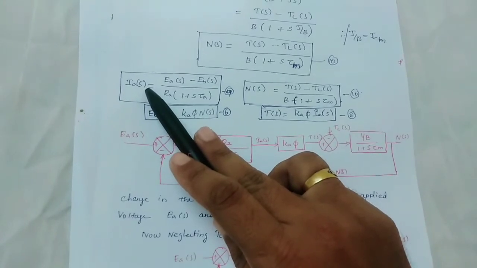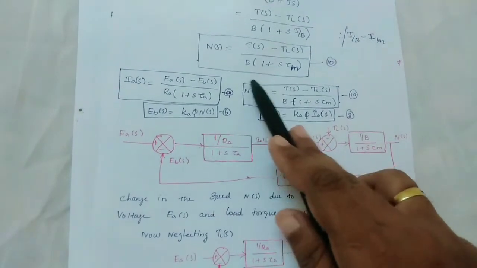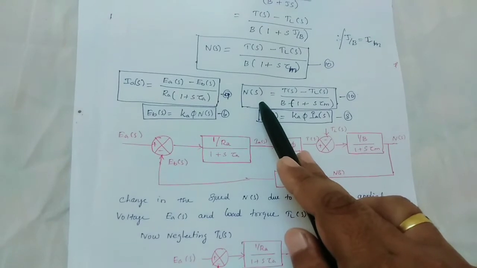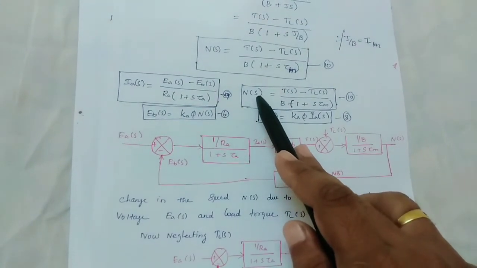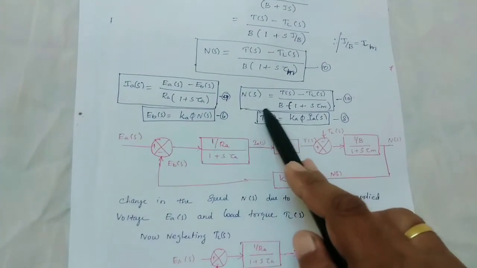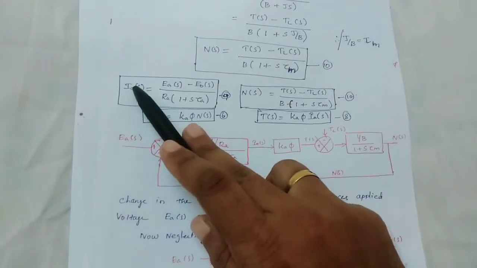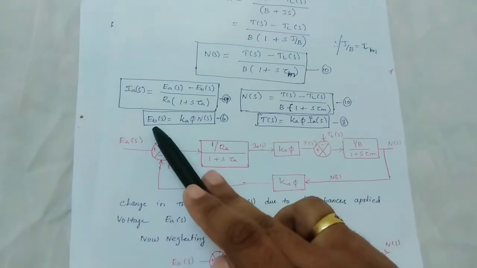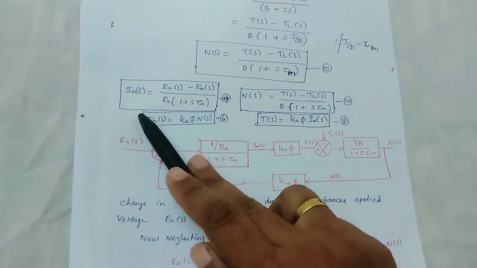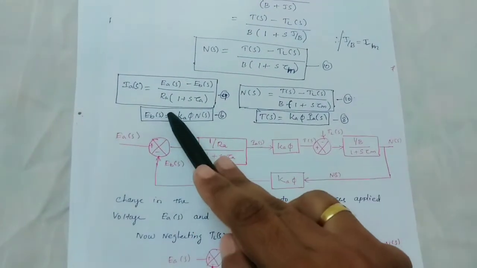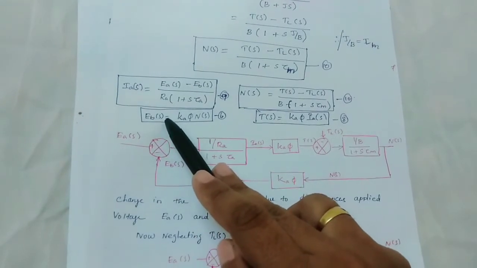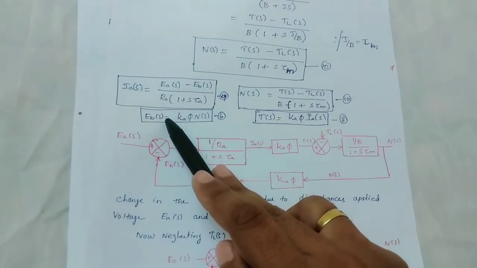Due to that supply, there is a speed produced in the motion. From this speed we can acquire a torque. For this armature current, we will have a back EMF in the armature winding.